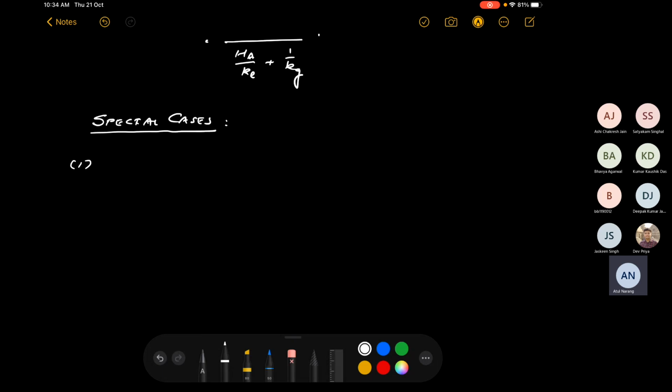One is a gas that is highly insoluble, such as oxygen, which has an HO2, as we remember, of around 800 atmospheres per mole per liter.